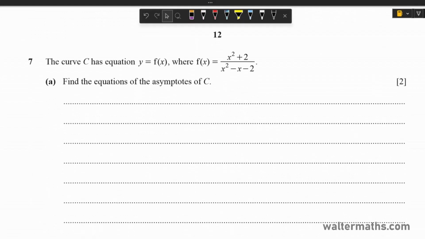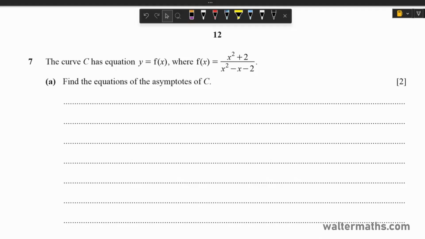Let's go on to the last question on this paper, and that's number 7. It says the curve C has equation y is equal to f of x, where f of x is equal to x squared plus 2 over x squared minus x minus 2.